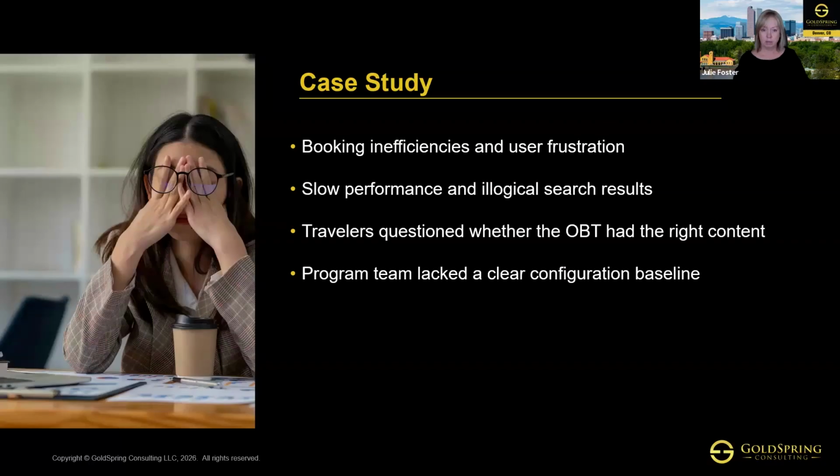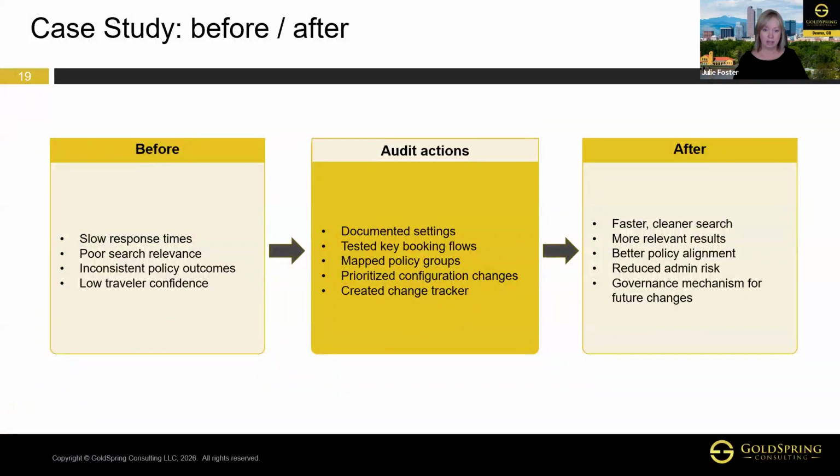We have a little before and after slide here to show the process. The audit first documented the current configuration before making any changes, and then tested the booking flows by traveler type and by policy group, prioritizing the fixes that improved search speed, result relevance, and policy consistency first, while also creating a tracker for ownership and validation.